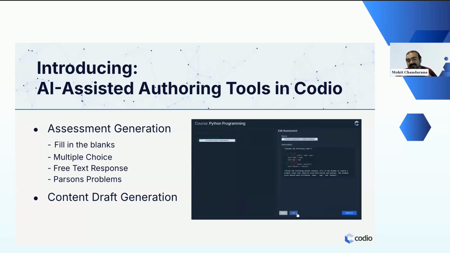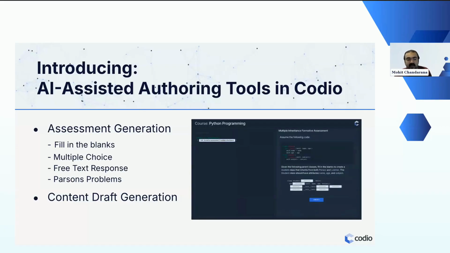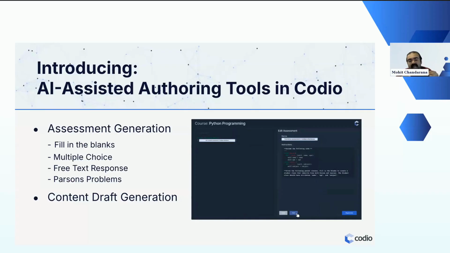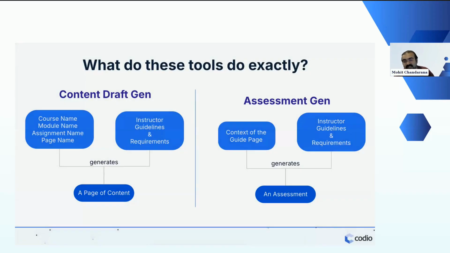As you can see here, assessment generation in the first iteration as of now is for formative assessments. So it is fill in the blanks, multiple choice, free text, and Parsons problems. And you can generate content drafts. And we'll see how exactly and what exactly these tools do.